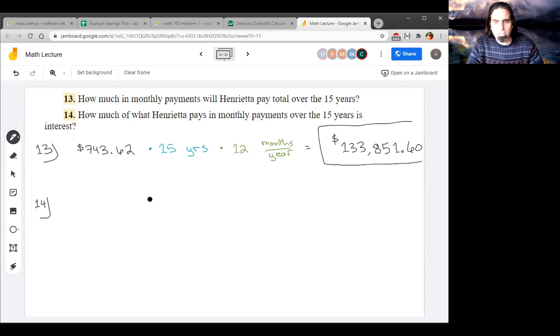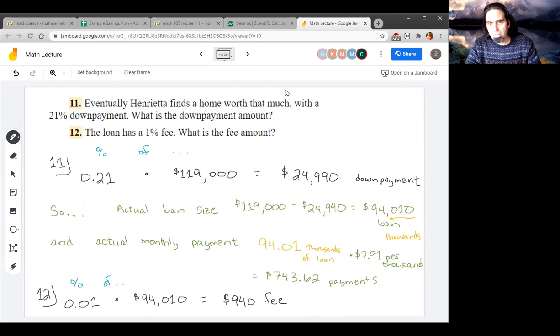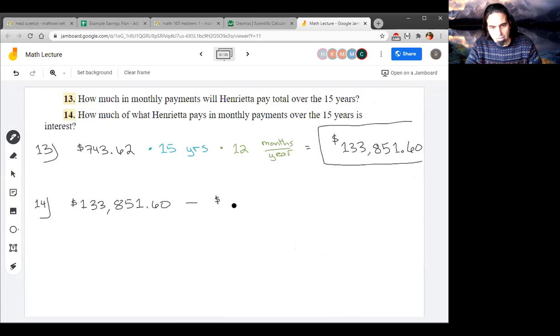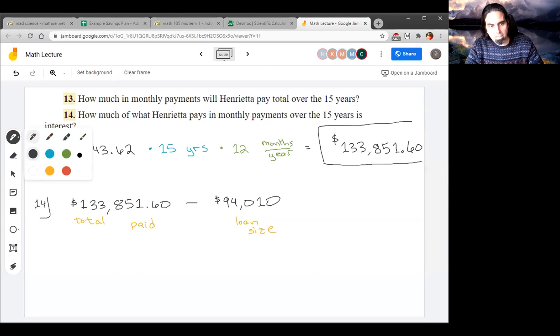So how much of that is interest? She wrote a total amount from her checkbook of this big number. The actual loan was the 9410. So everything else has to be interest.